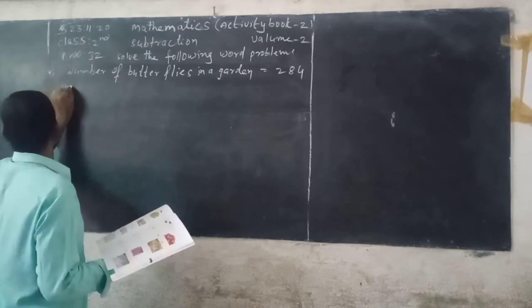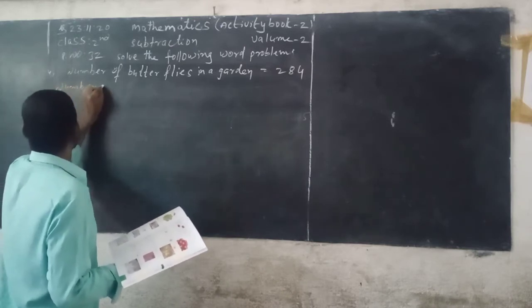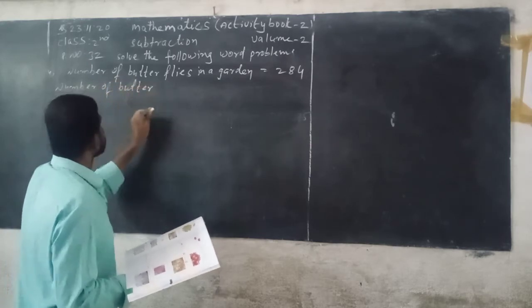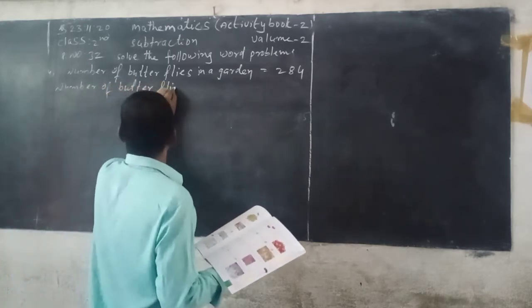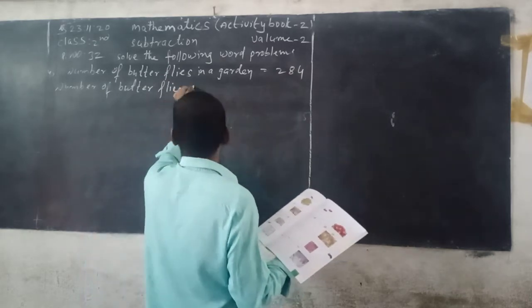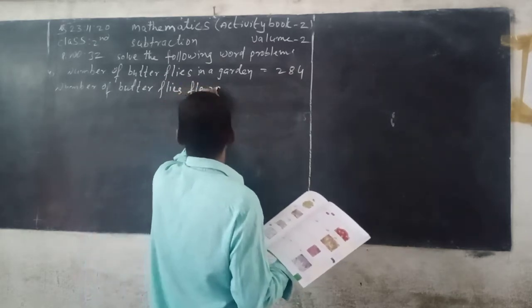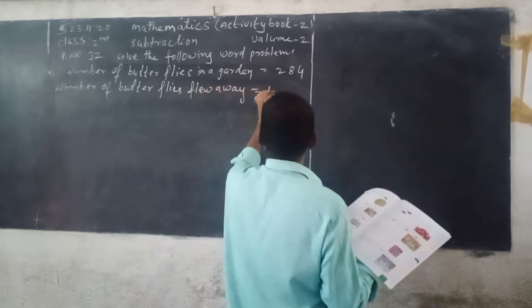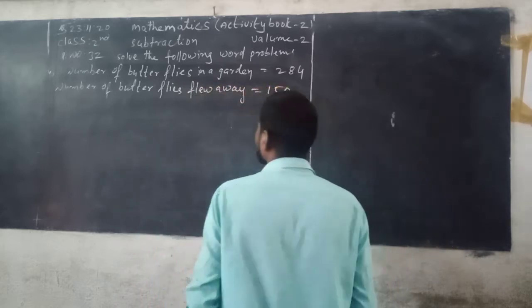Next, number of butterflies that flew away is equals to 150.